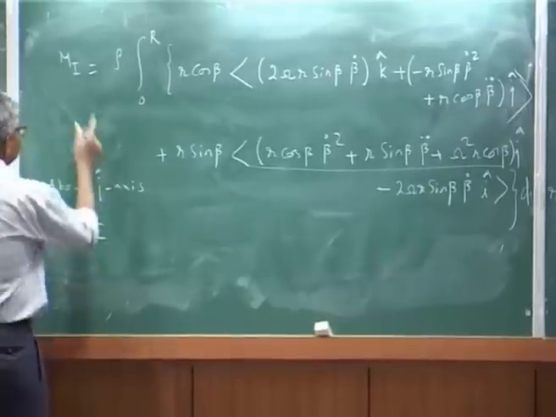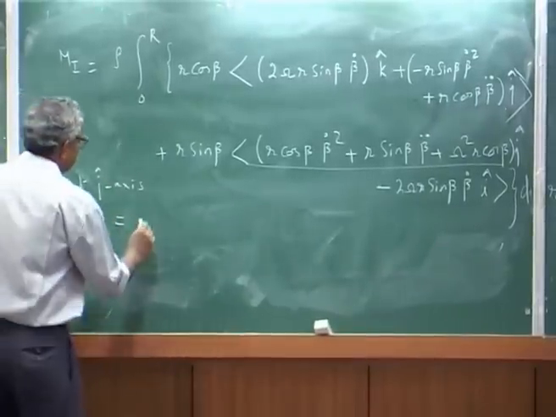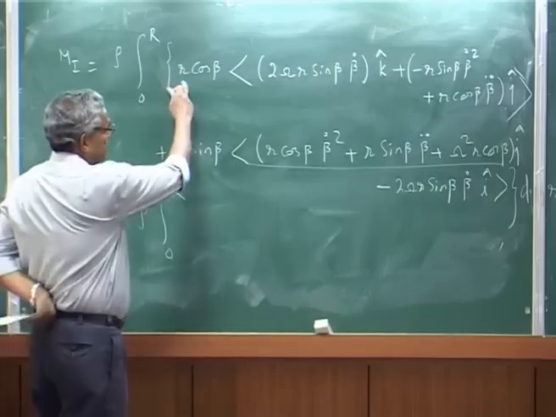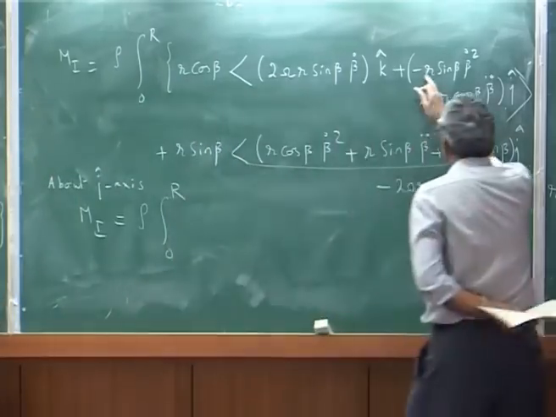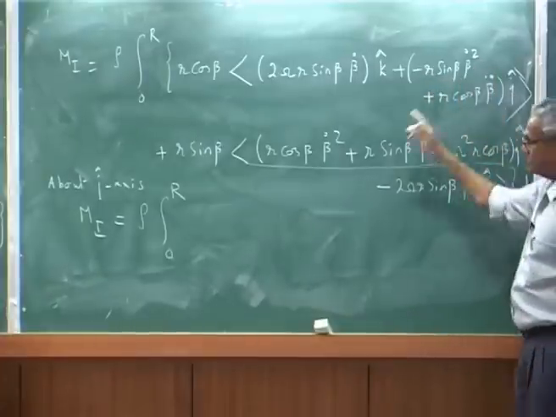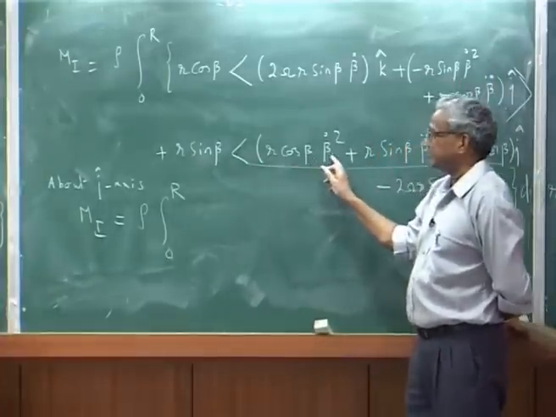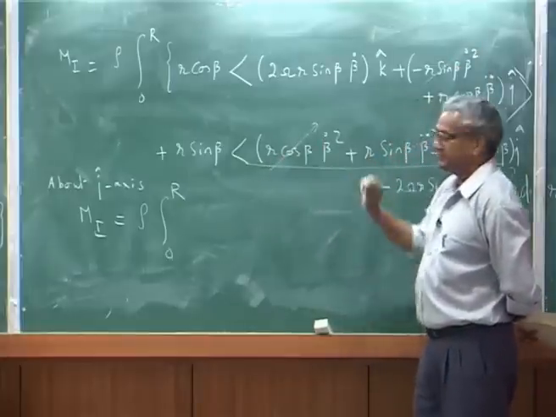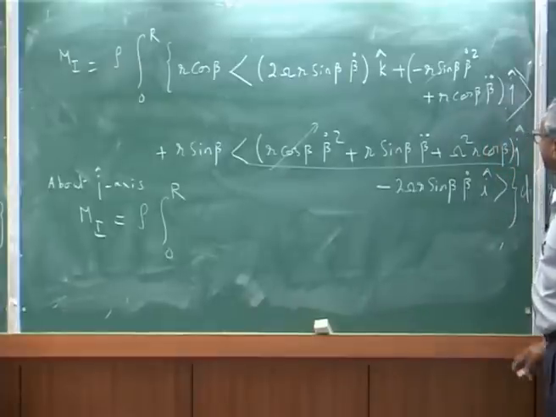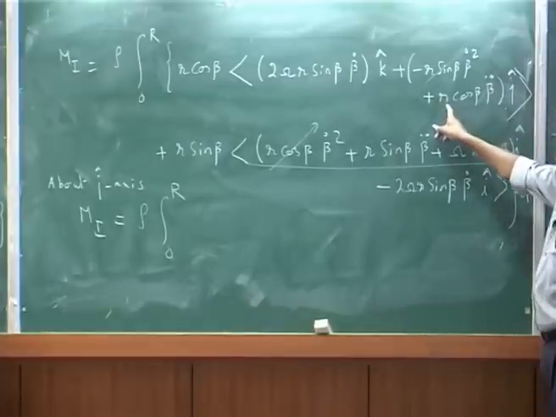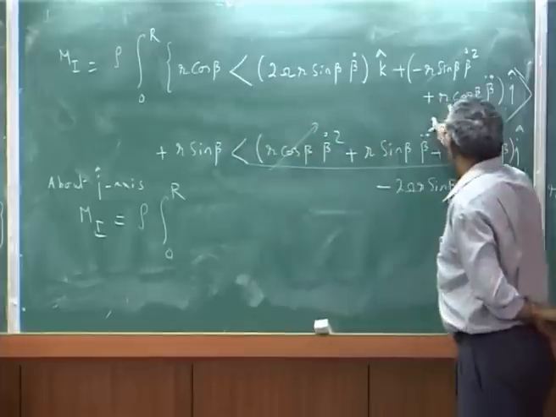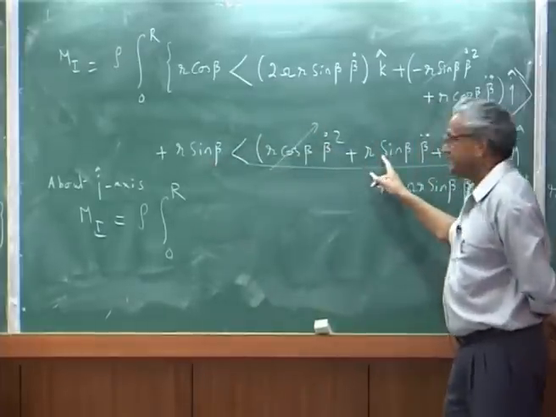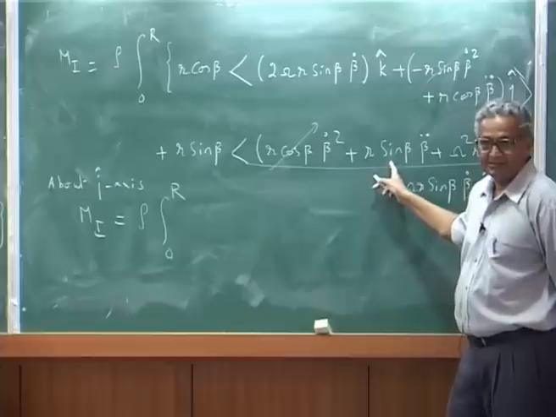M_I, because it is a vector, now I am taking it only about j. You will have integral from 0 to R of cos beta times minus r sin beta beta dot square. Here you have r sin beta, r cos beta beta dot, so they will cancel out and this term goes out. Then here you have r square cosine square beta double dot and here r square sin square beta double dot.